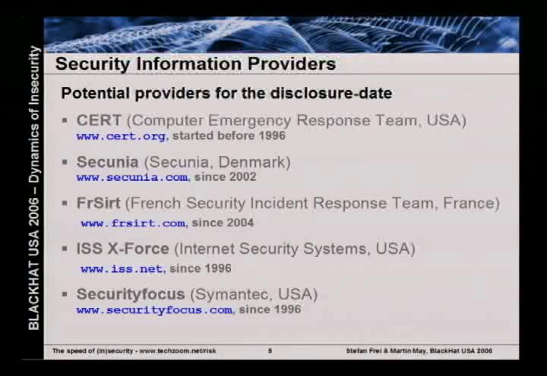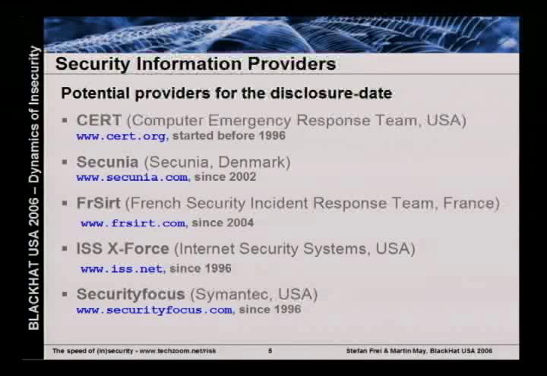So who can provide this disclosure date information? We looked at five, which we call security information providers, like CERT, Secunia, or FR-CERT from the French, the European part, or the well-known ISS or Security Focus, who have a long history in providing such information.